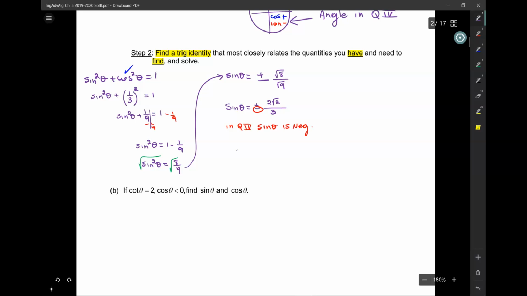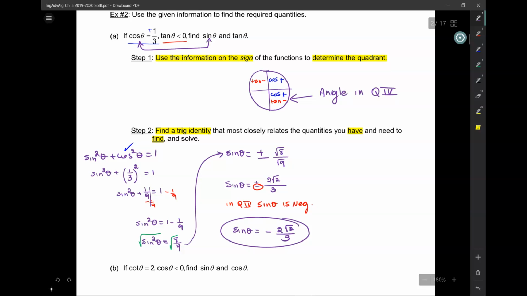So I say sine of theta is negative 2 root 2 over 3, because remember, we decided that my angle was in quadrant 4. So now I'm looking for sine, but it's in quadrant 4. In quadrant 4, all students take calculus, sine is negative, so I have to take the negative symbol.